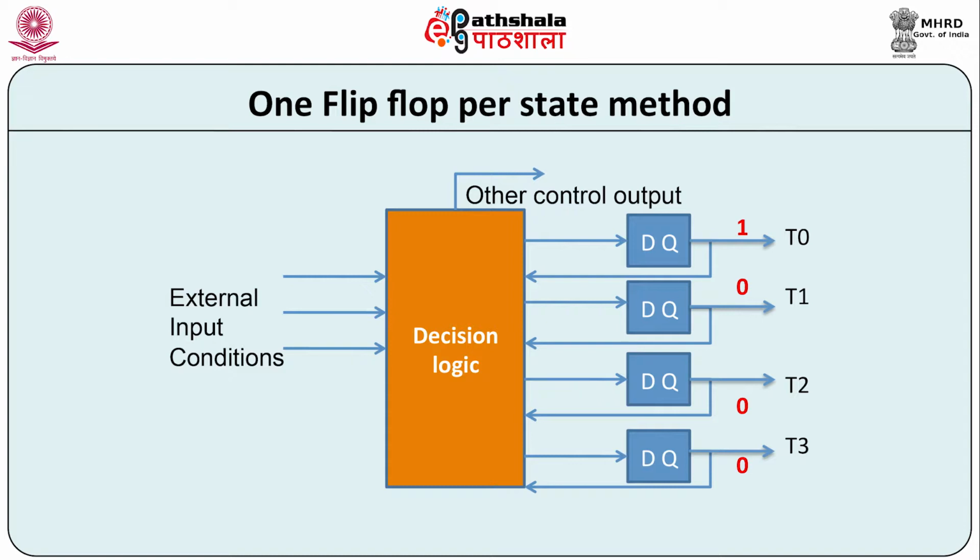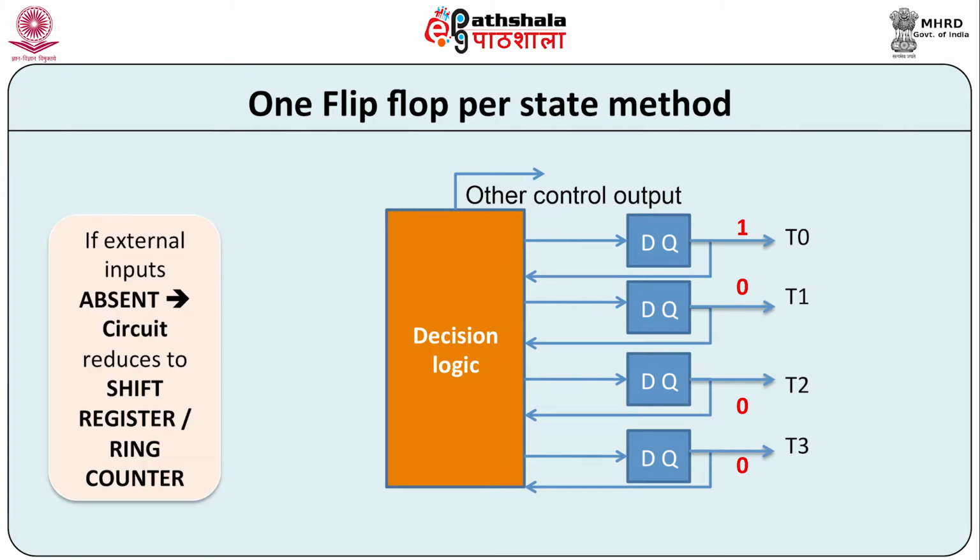The next state is generated when the previous flip-flop is cleared and a new one is set. Each of the flip-flop outputs are connected to the data processing unit to initiate the micro operation. If there is no need of external inputs, then the circuit reduces to a straightforward shift register with a single bit shifted from one position to the next.